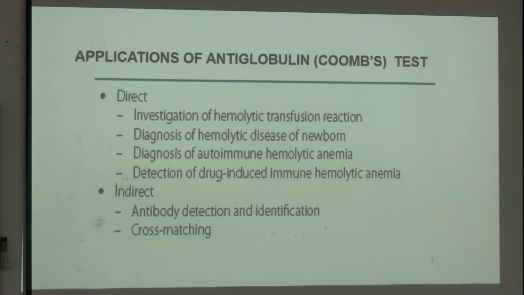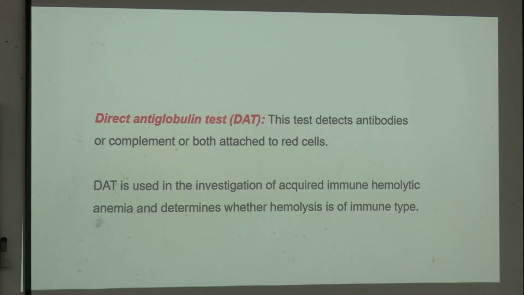And the indirect one is important for cross-matching as well as antibody detection and identification. So the direct Coombs test, today in this lecture we don't need it much, because it is used mostly in diagnosis of acquired immune hemolytic anemia.